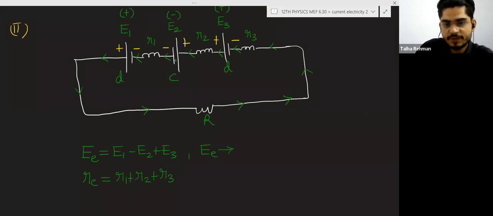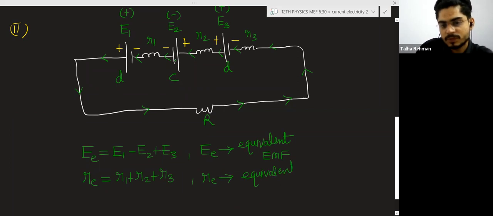This suffix E on E is the equivalent EMF, and the suffix E on R is the equivalent internal resistance.